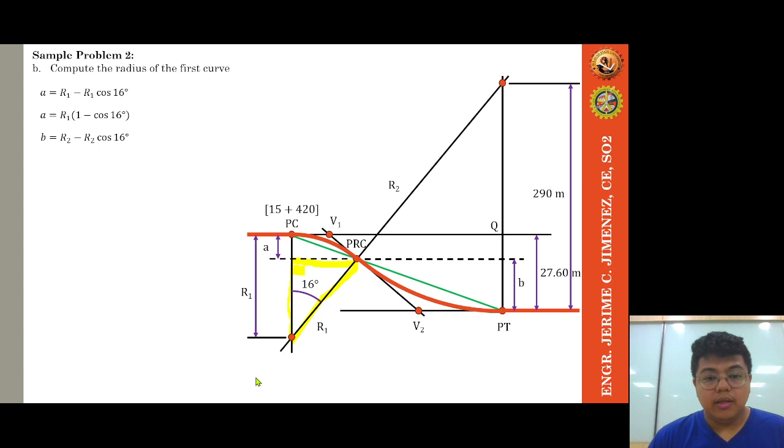Okay? Since I sub 1 is equal to I sub 2, itong portion na to ay, itong angle na to is also 16 degrees.